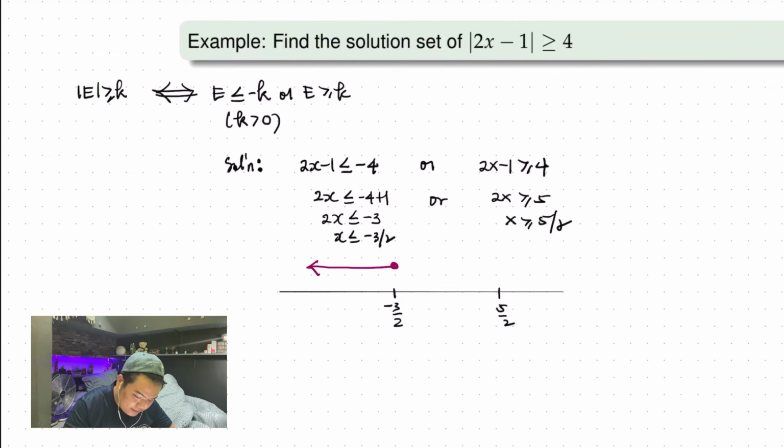Yung isa naman, mas malaki sa 5 over 2. At, or equal sa 5 over 2. So, pag pinag-union mo yan, the solution set is negative infinity to negative 3 over 2 close union 5 over 2 to infinity.